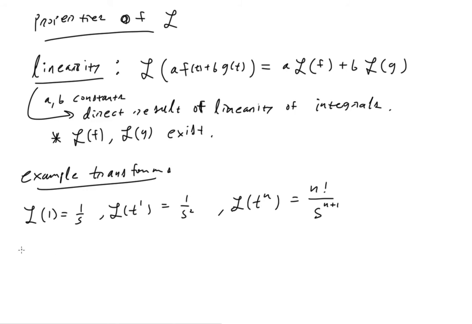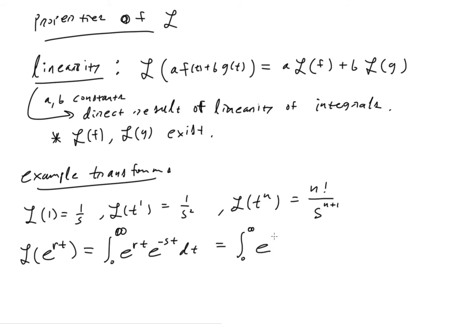Okay, so I want to do now the Laplace transform of e to the rt, one of our favorite functions. All right, and of course we can do that straightforwardly. The integral of e to the rt, e to the negative st dt. We can combine the product of two exponentials of the same base is the exponential with the sum of the exponents.